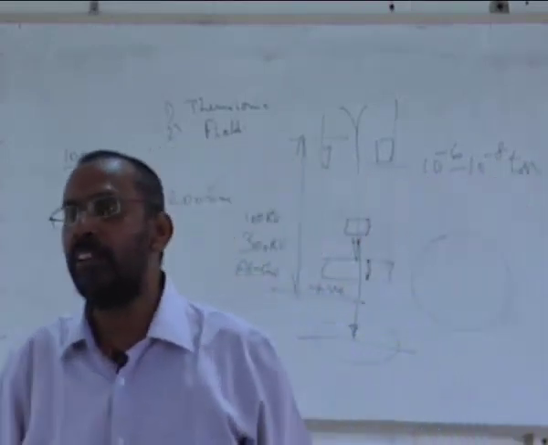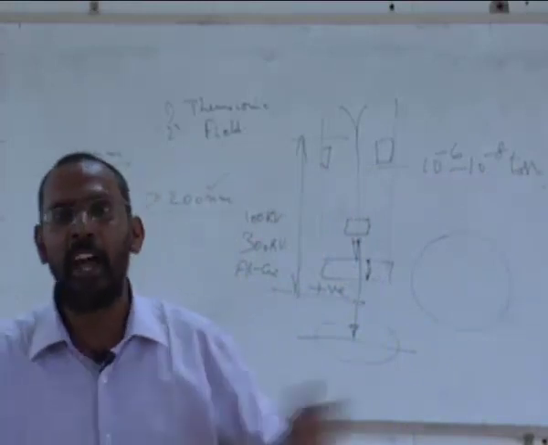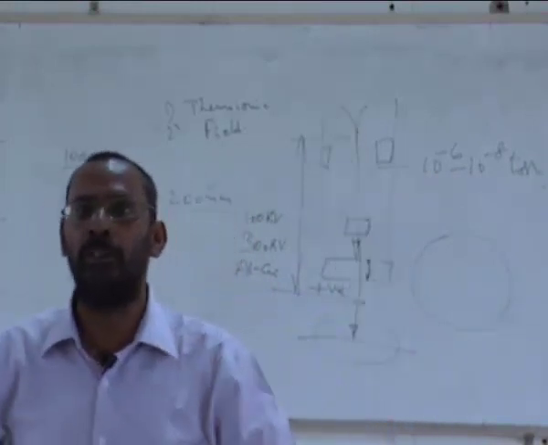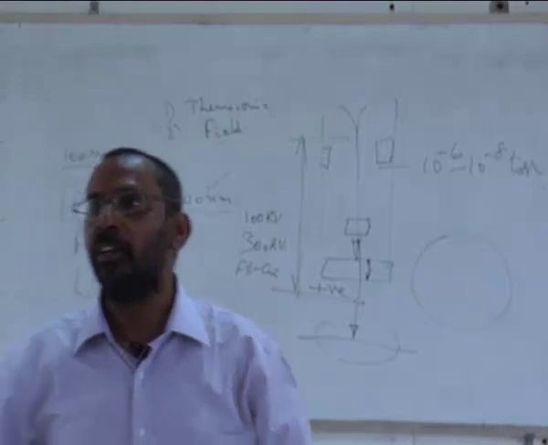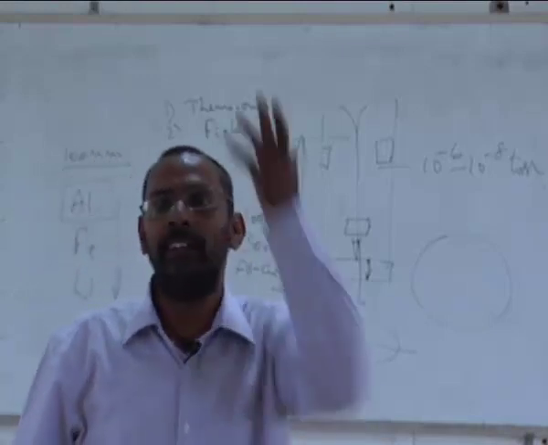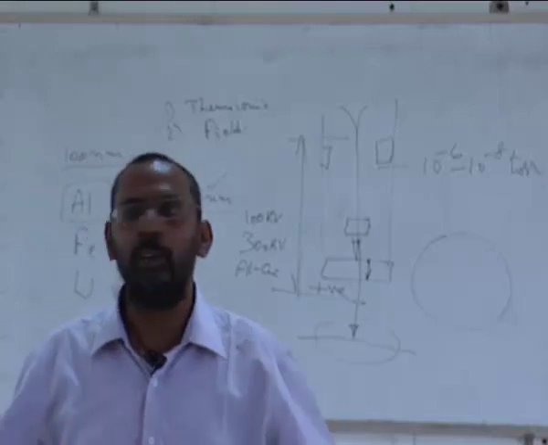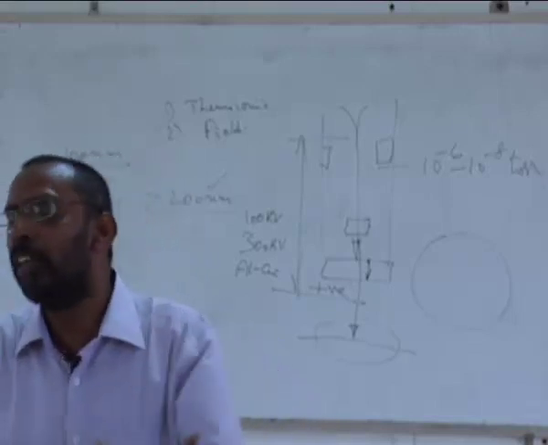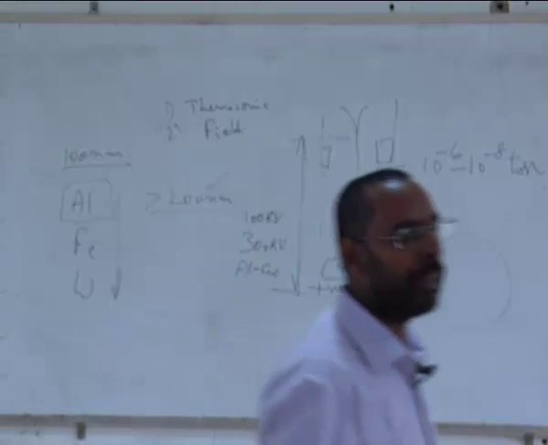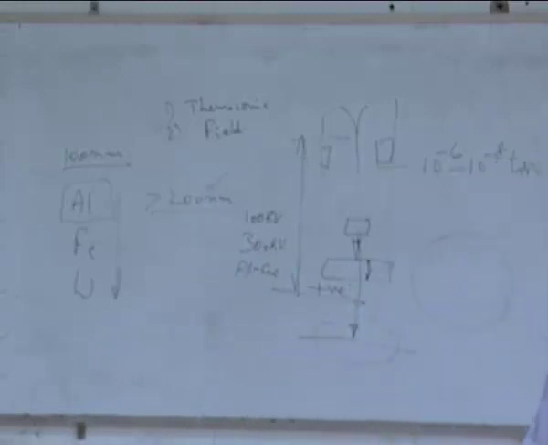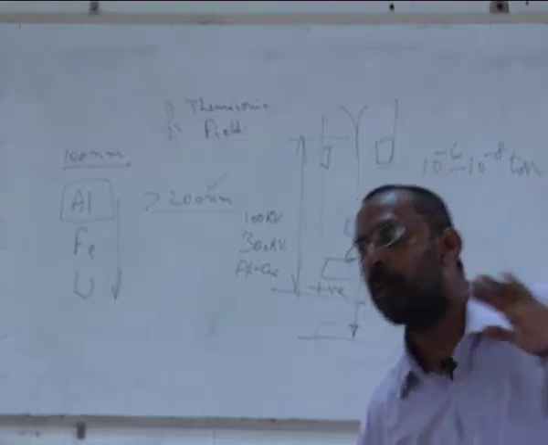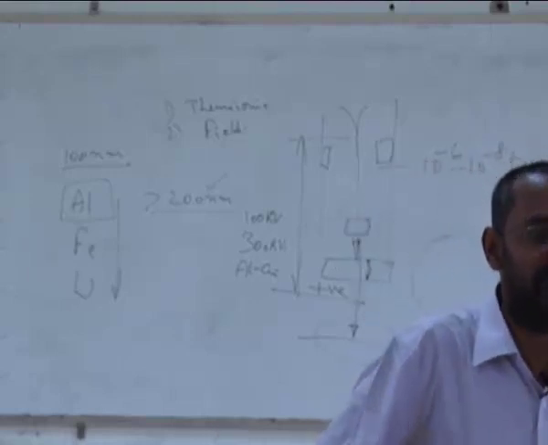It is like your MS temperature. You keep adding alloying elements, and the MS temperature keeps going down. As a result, you see some alloys, even if I quench them to room temperature, I am not able to get martensite. I still have only austenite. That is because the martensite start temperature has gone below room temperature, and I need to do something called cryo treatment, taking it below room temperature, to make it martensite.